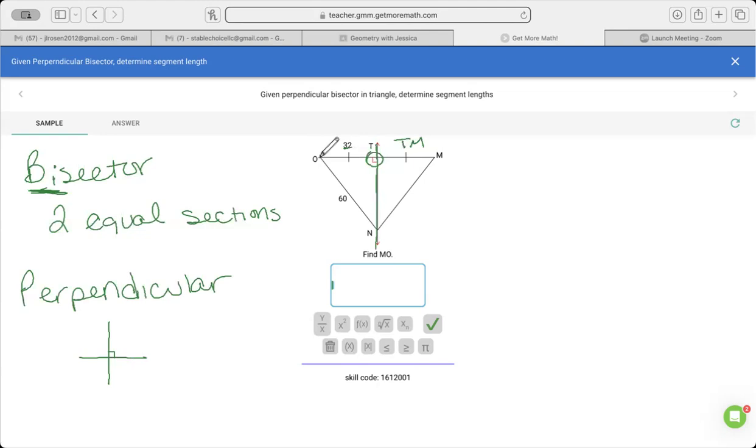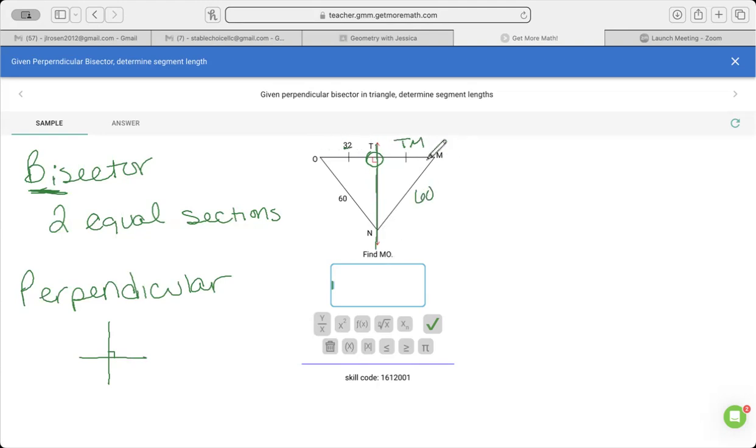But then that also tells us that if ON is 60, then MN is also 60. So based on the definition of perpendicular bisectors of a triangle, that perpendicular bisector, TN, is cutting the triangle in half. So that means the answer down here, find the length of MO.